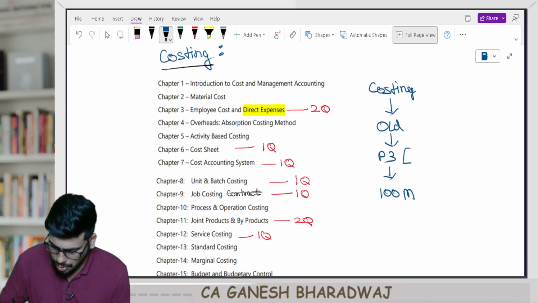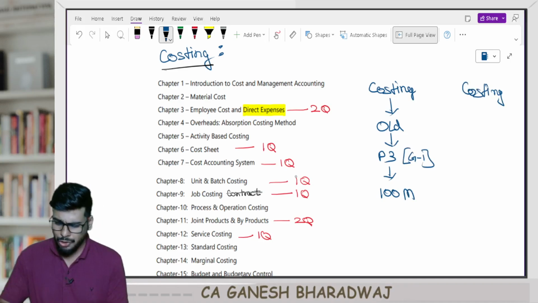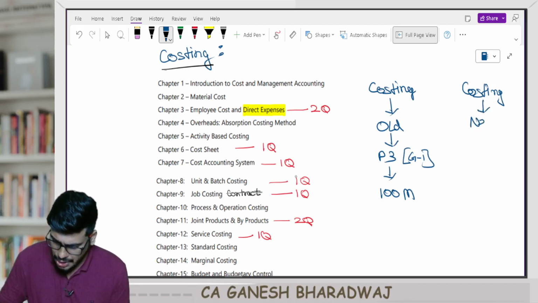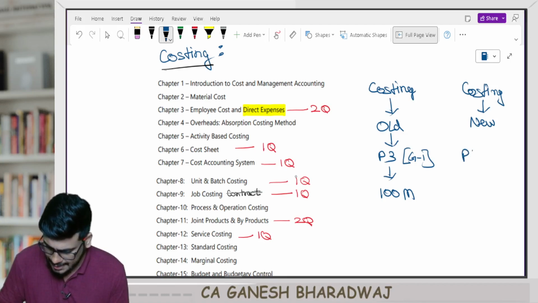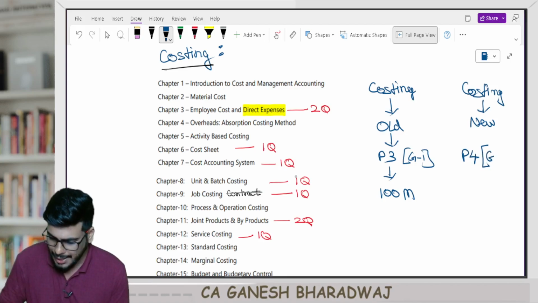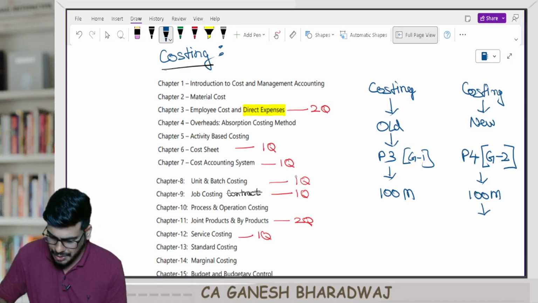The only difference is that the same costing paper, with no changes in the number of marks, in the new syllabus applicable from May 2024 onwards, is tested as paper 4 and is now in group 2, for the same 100 marks. But out of this 100 marks, 30 marks will come from MCQs. Are you clear with this?